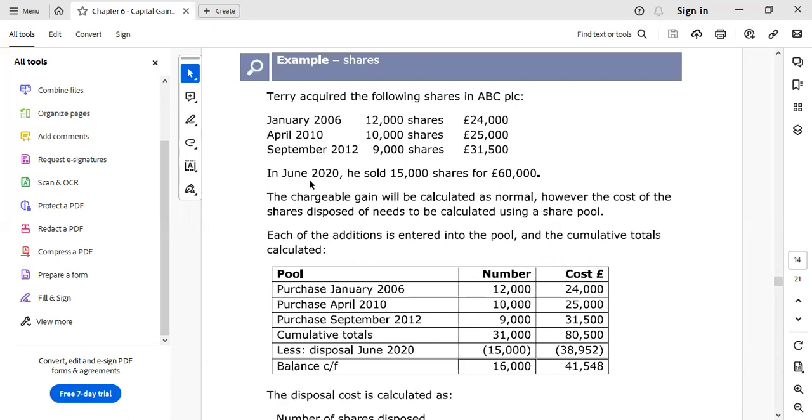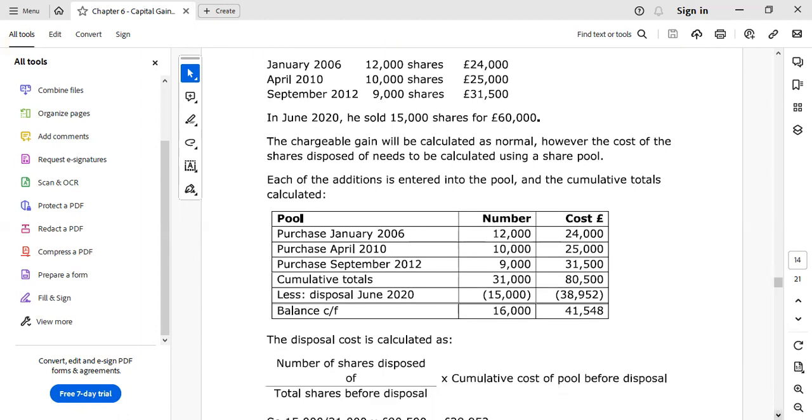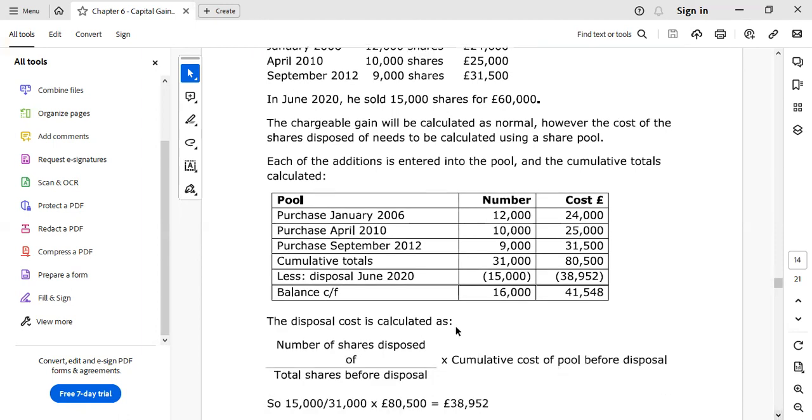In June 2020, he sold 15,000 shares for 60,000 pound. So how will we find out the disposal cost? We need to find it using this formula. The formula is number of shares disposed of, in our case 15,000, over the total shares before disposal.